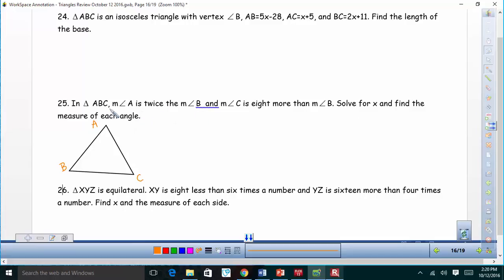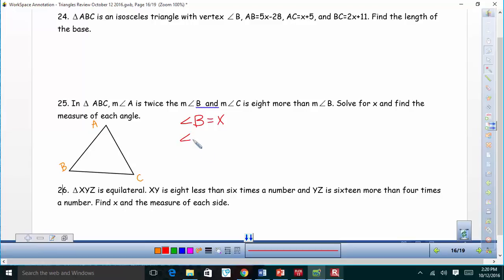Okay, so they tell me measure A is this, measure C is this. What measure do they not tell me? Measure B. So angle B, since they didn't tell us what that was, we can let it be X. Very good. Then we're going to set everything up around it.